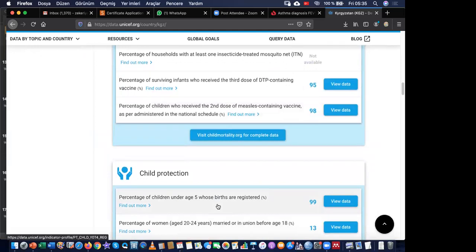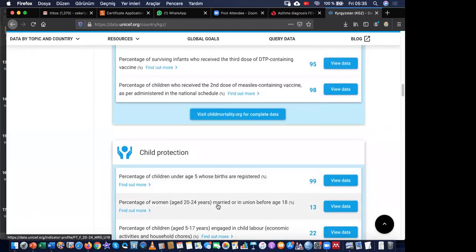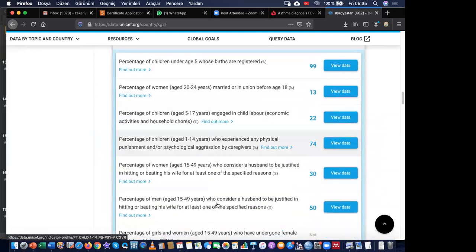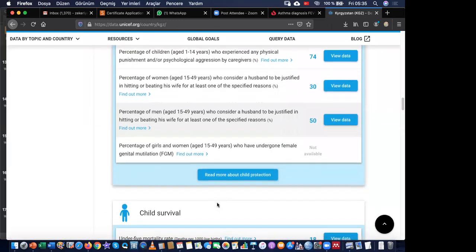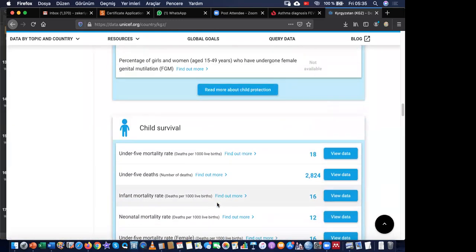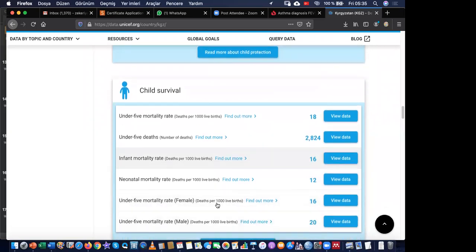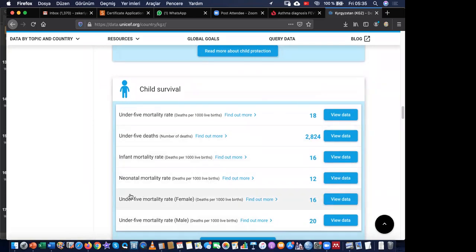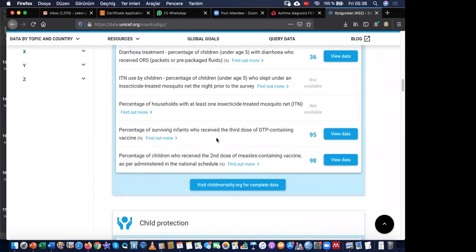Out of 1,000 live births, how many are dying within 28 days? No guesses? Okay, here it is. According to the OECD, the neonatal mortality rate for Kyrgyzstan is 12.